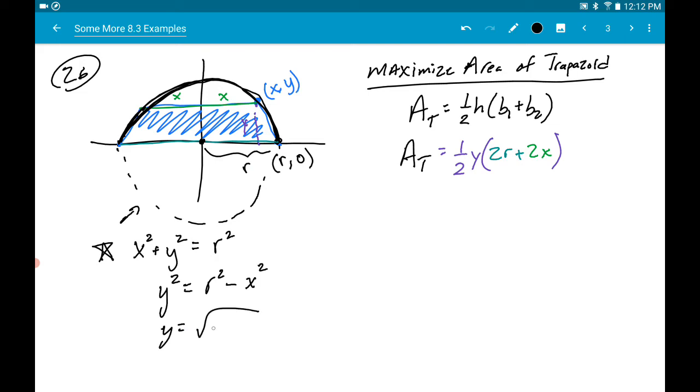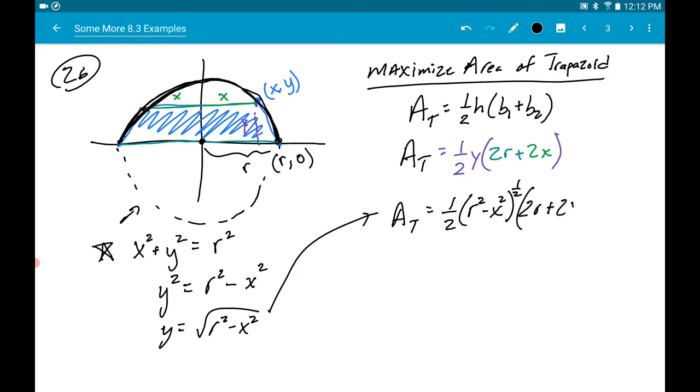And then I could take the square root, and it would have a plus minus, but since we're talking about a distance, a height, I really only need the plus. And so now I could rewrite this as 1/2 times r squared minus x squared to the 1/2 times 2r plus 2x.